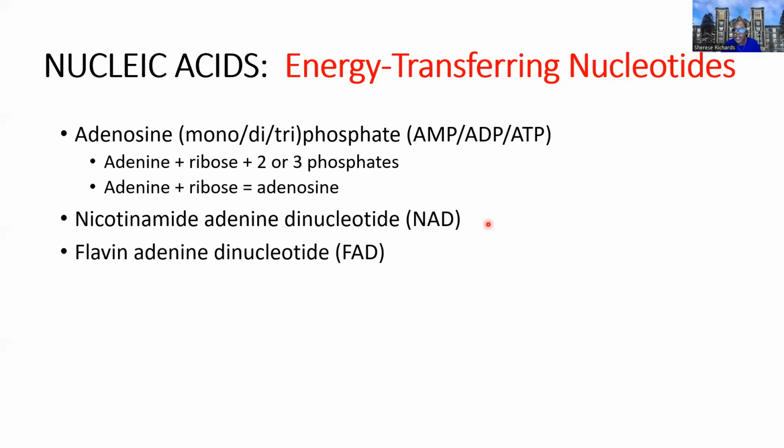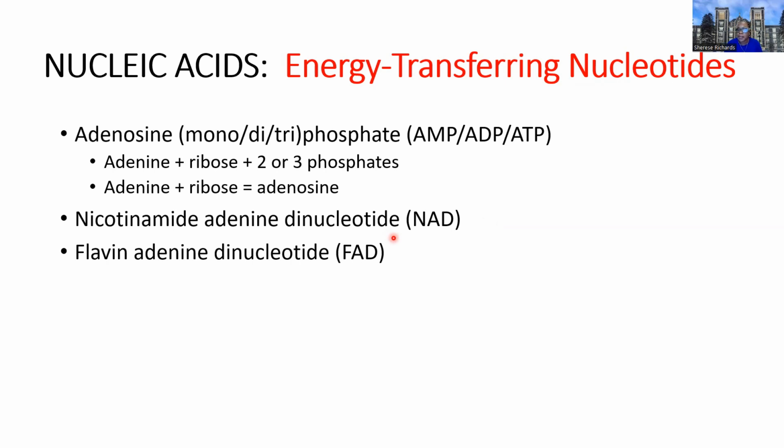And NAD is another type of energy transferring molecule, but this one is going to transfer electrons, right? So we can have NAD in the reduced form, which is carrying electrons, versus NAD in the oxidized form, which is no electrons.